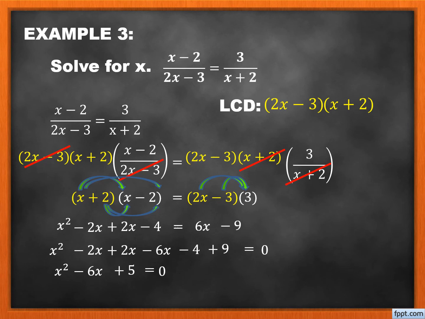Since we have a square value or x squared in our final equation, that means there is a possibility that we have two values for x. How are we going to find those two values? Using our resulting equation x squared minus 6x plus 5 equals 0, we're going to find the factors of this equation.